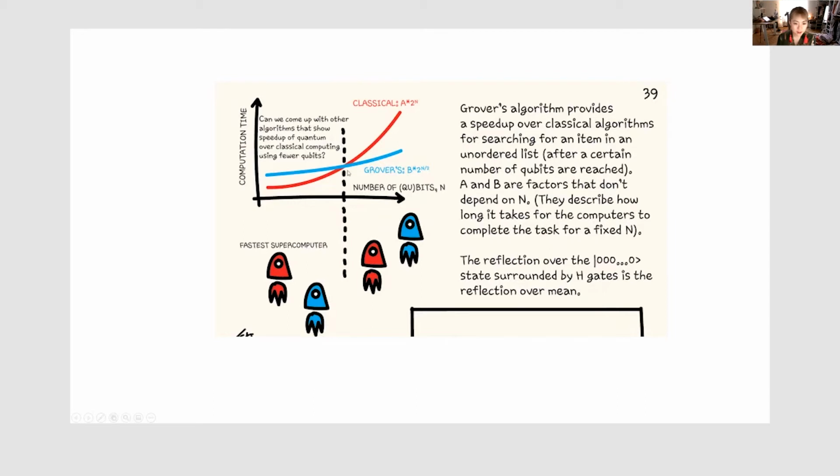But then at some point, Grover's algorithm is going to take over, and the time it takes to look for the right answer is much lower than the time it takes for the classical computer. So beyond certain qubit numbers, you're going to get a speedup for a quantum computer.